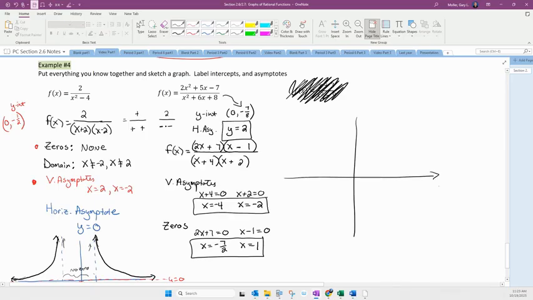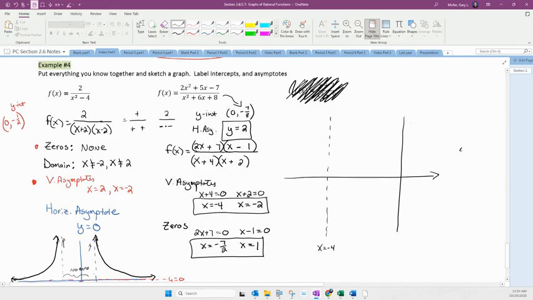Vertical asymptotes, negative 4. Label it. Negative 2. I should have spread it out more. You know what? I'm going to move my axis over. Come on, pencil. Are we back? There, we're back.